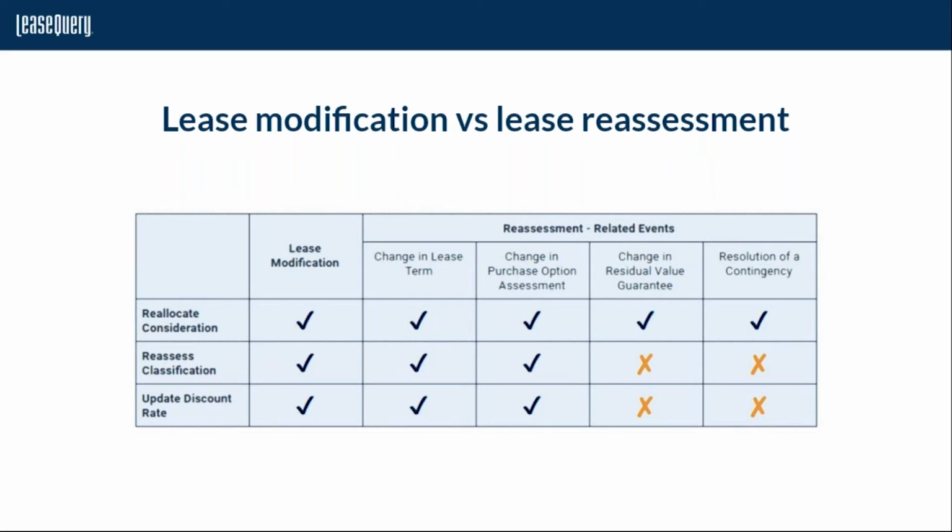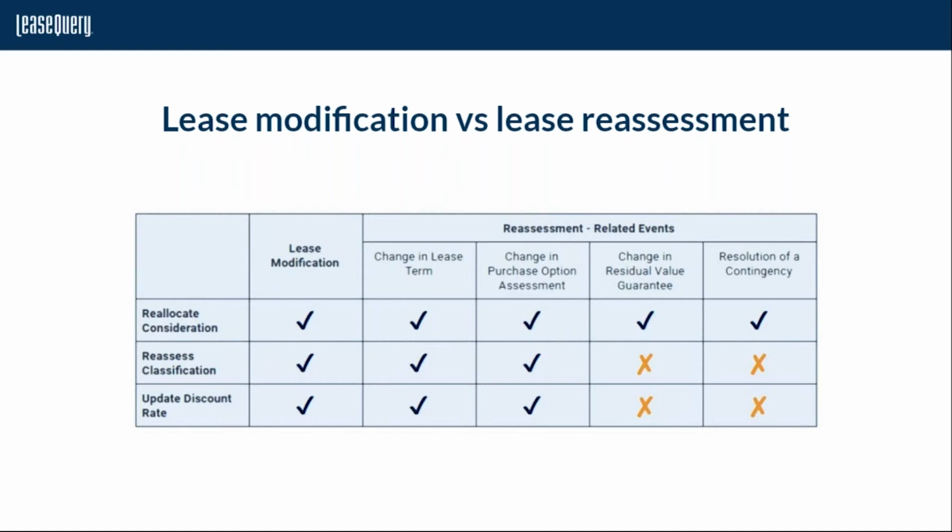When you have a lease modification, the appropriate accounting treatment is to adjust the payment information, update the discount rate, and reassess the lease classification. Reassessments, on the other hand, are required when an event does not involve renegotiation of the lease terms and conditions with the lessor, but when a change in the lessee's facts, assumptions, or other circumstances related to the lease occurs.